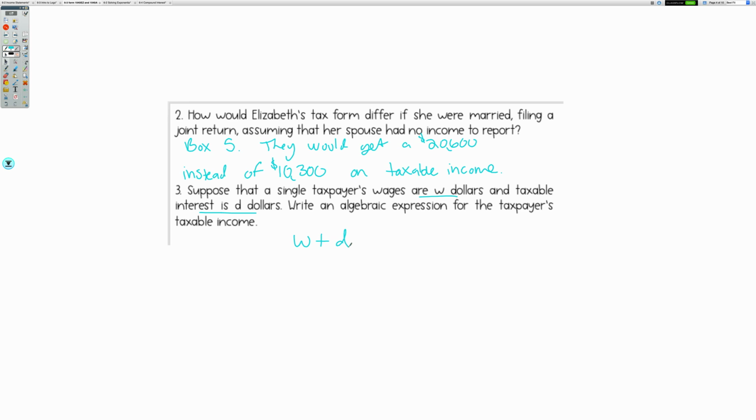But this is your adjusted gross income, so we'd also have to subtract, since this is a single taxpayer, 10,300. Like our formula for finding our adjusted gross income.